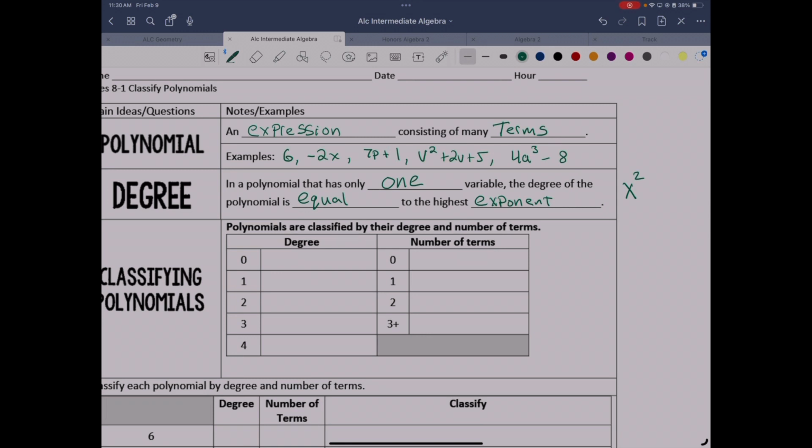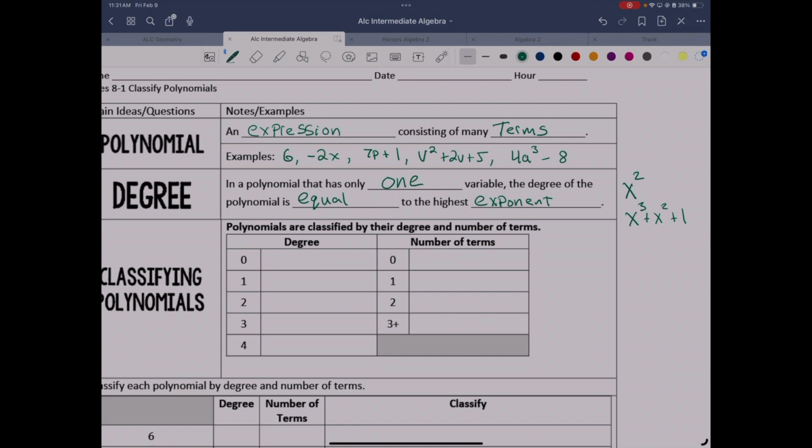The highest exponent that this one has is 2, so we would say that this is a second degree polynomial. If we have a series of things, say something like x cubed plus x squared plus 1, that's a polynomial. The largest degree is 3, so we say this is a third degree polynomial.